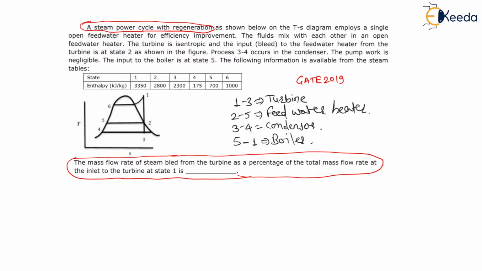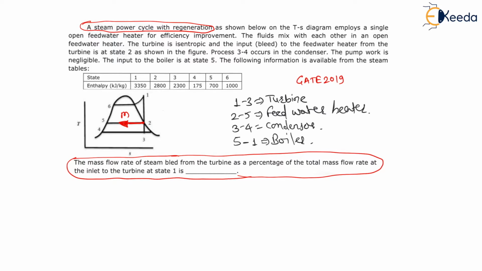Let us say at 2, m mass is going into the feed water heater. The mass flow rate of steam bled from the turbine means m as a percentage of total mass flow rate at the inlet to the turbine at state 1.